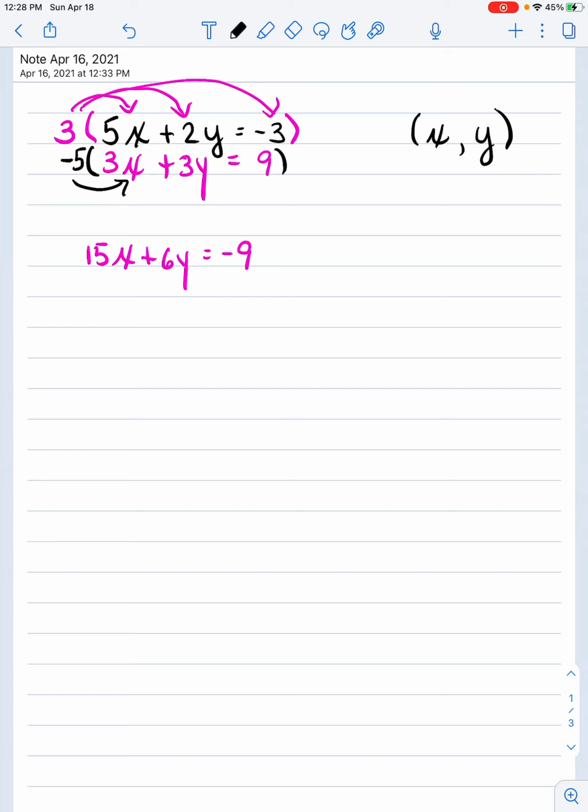Negative 5 times 3x would be negative 15x, and then negative 5 times 3y would be negative 15y, and that is going to be equal to negative 5 times 9, which is negative 45.